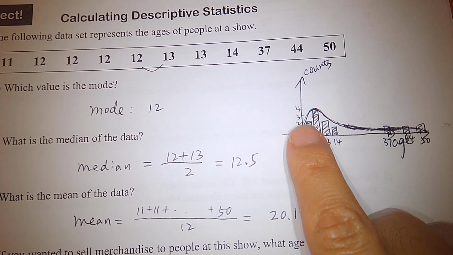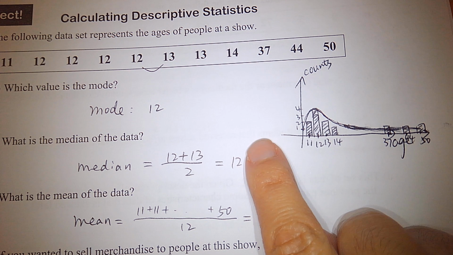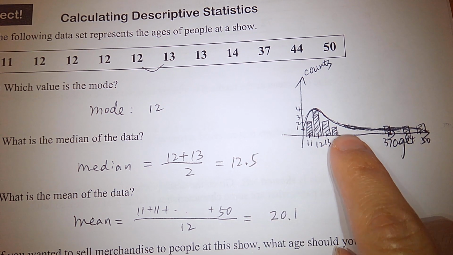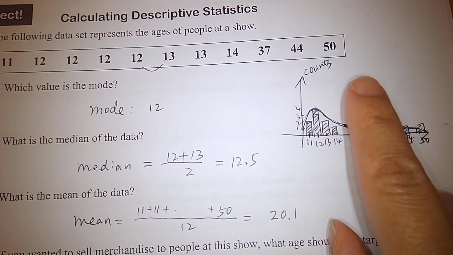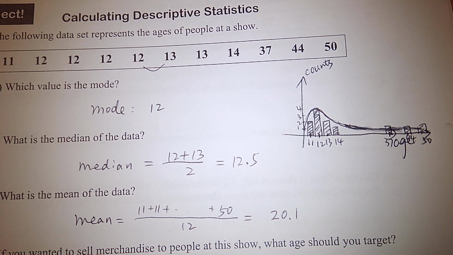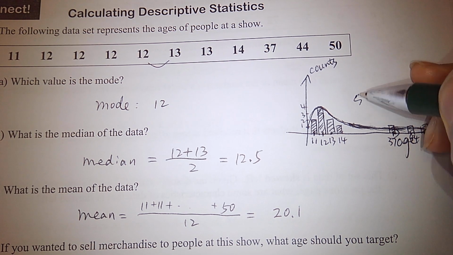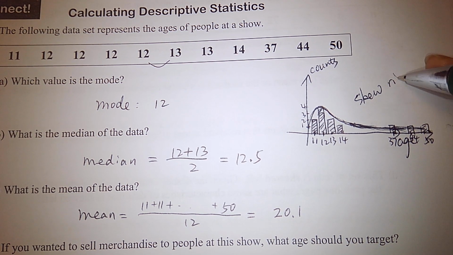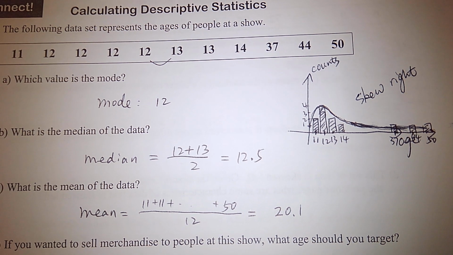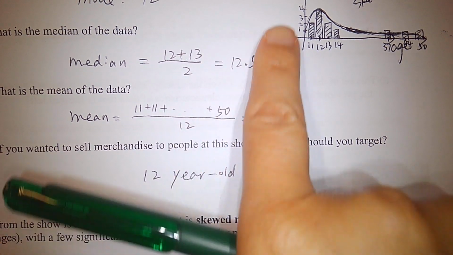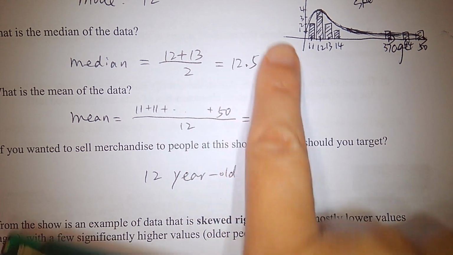No. Does this curve have a longer tail on the left or a longer tail on the right? It has a longer tail on the right. So this graph, we call it what? Skew left or right? Right. So, as we can say here, this is an example of skew right.